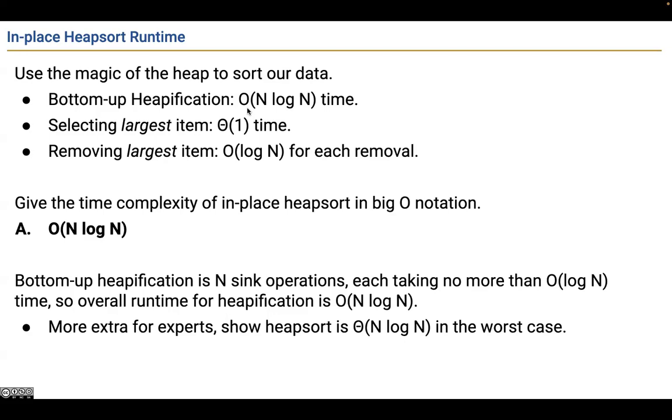Is it exactly n log n? I don't know. Is it better than n log n? Maybe. But I know that it's not going to be worse than n log n. That's where I use the big O notation. But it's not the same thing as saying it's n log n in the worst case. It turns out it's actually not n log n in the worst case. It's actually theta of n in the worst case, if you do really careful analysis.